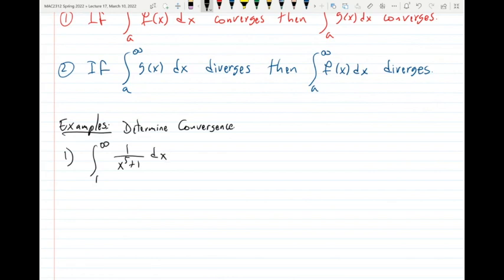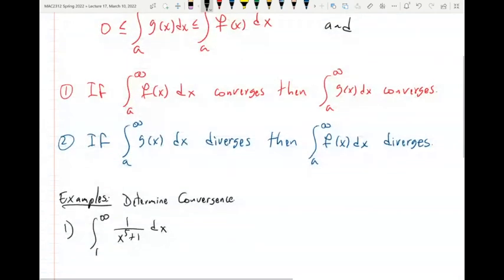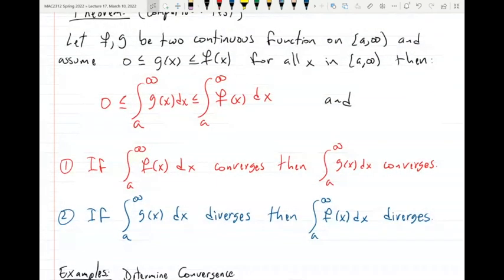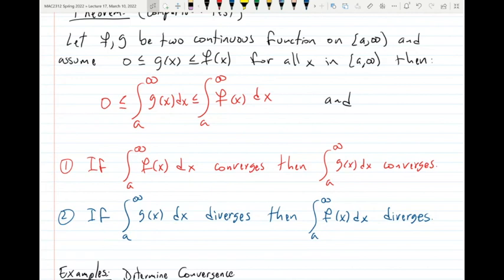And notice that I know this statement for type 1 integrals, and in the book it's also written only for type 1 integrals. The thing is that we need the function to be continuous, okay? Because in type 2 the functions are not continuous. However, you can adapt this statement, and a similar statement holds for type 2 integrals, provided that the discontinuity is as we typically do, not inside the integral but in one of the limits.